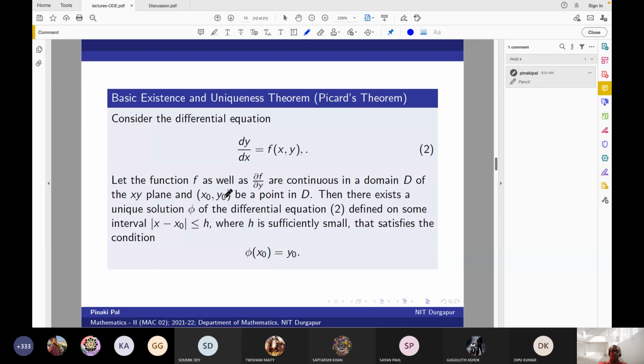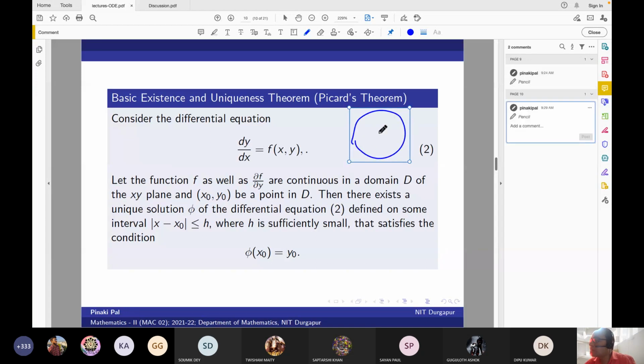And you take a point (x0, y0) from that domain D. Suppose this is the domain of definition of the function, a portion of the plane, and within that portion you have a point (x0, y0). Then, if this function f as well as ∂f/∂y both are continuous in this domain D, then it is assured that there exists a unique solution.